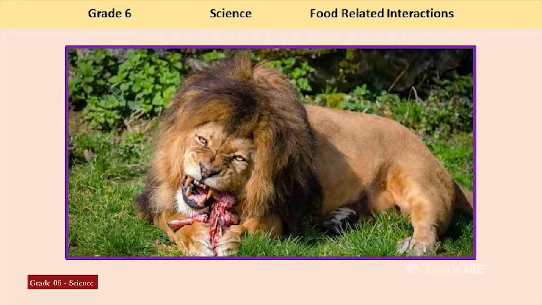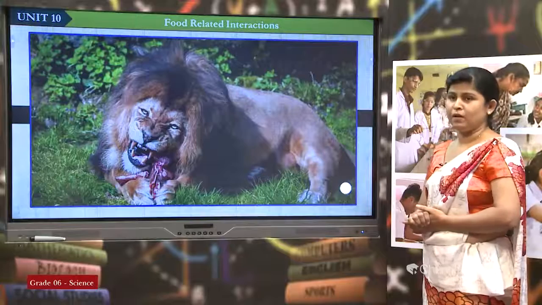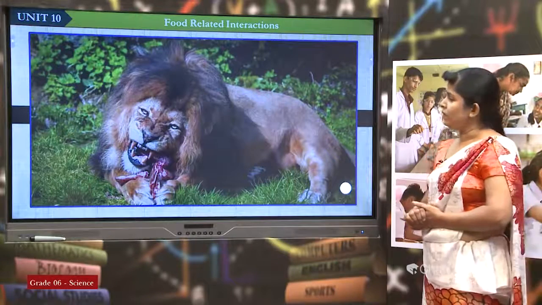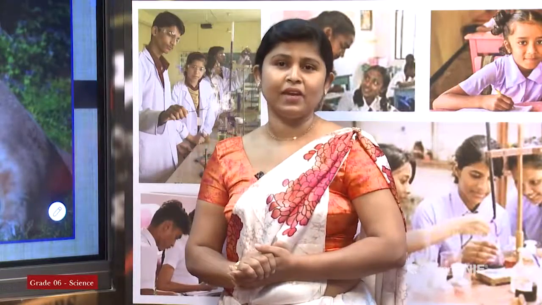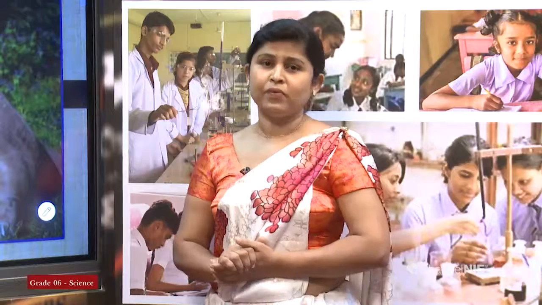The lion is eating meat, so we can say that the lion is an animal which depends on flesh of other animals or meat of other animals. We consider the lion a good eater because it can eat a large amount of meat at one time. So, finally, we can say that the lion is an animal which depends on meat.